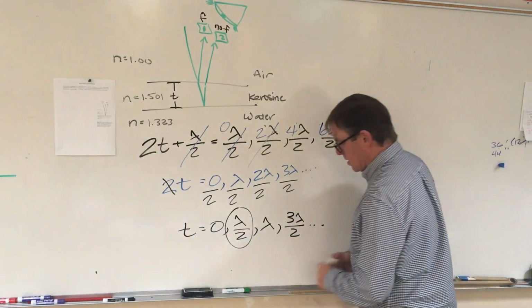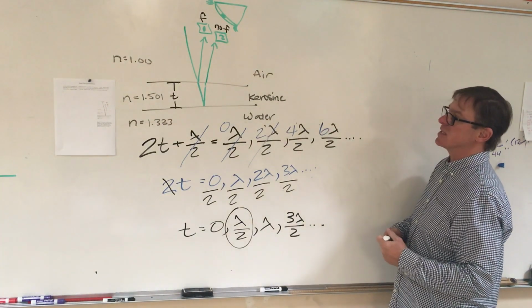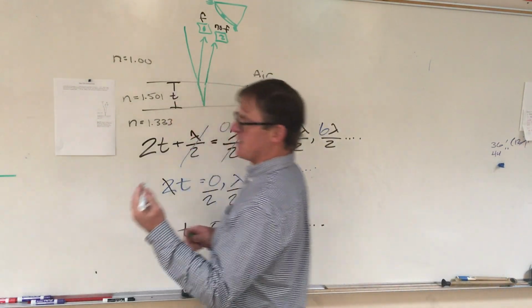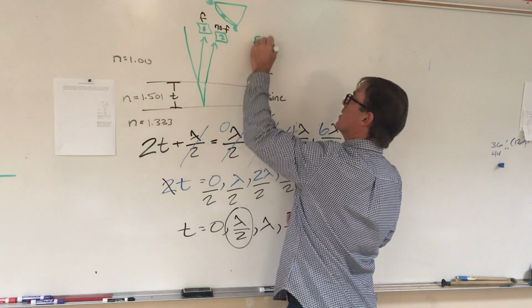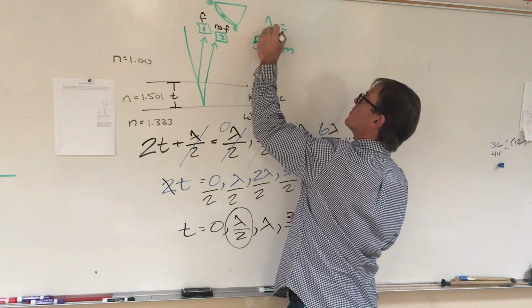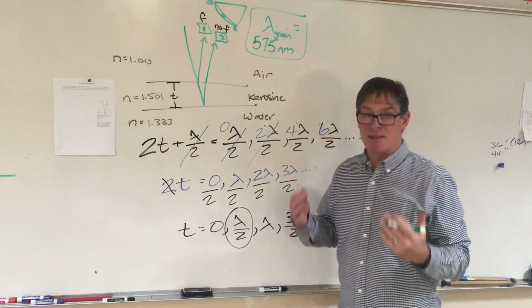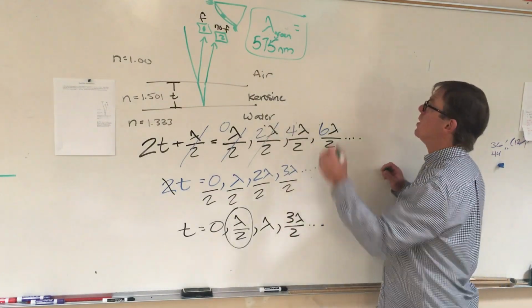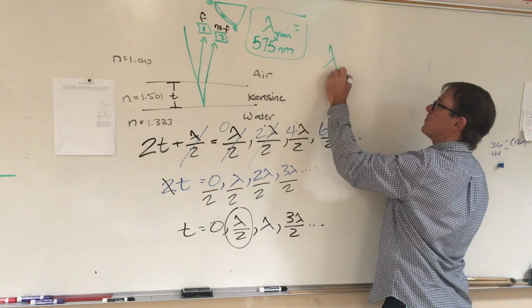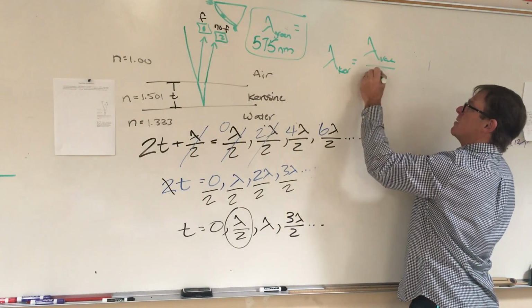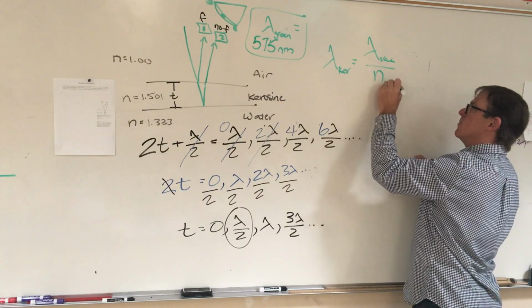Last but not least, though, before I take the wavelength that was given, in the problem it was given to be 575 nanometers. I need to calculate the wavelength in the kerosene. The wavelength in the kerosene is the wavelength in vacuum divided by the n of the kerosene.